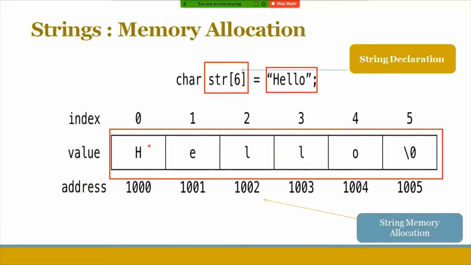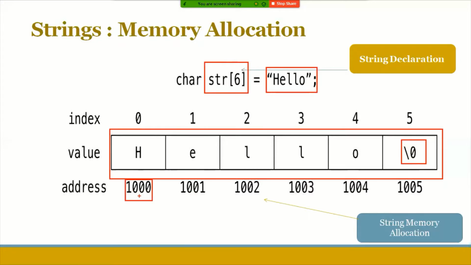H will be stored in the 0th location, E in the first location, L in the second, another L in the third, O in the 4th location, and the last, 5th location will be an extra location used to store \0, which specifies the end of the string. All these characters occupy 1 byte of memory.